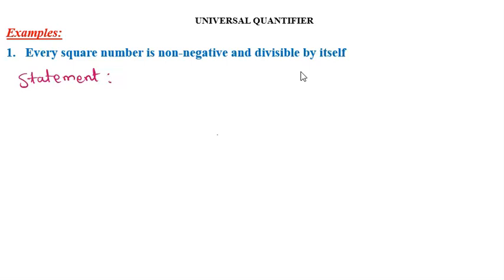For every number x, if it is a square, then two properties must hold simultaneously. The and means both conditions must be true for each element. It stands for every, so the universal quantifier concept comes in.